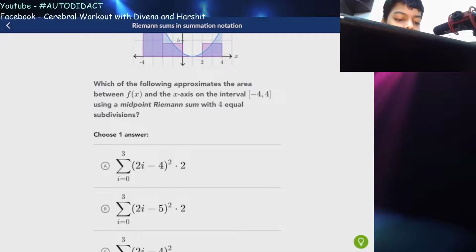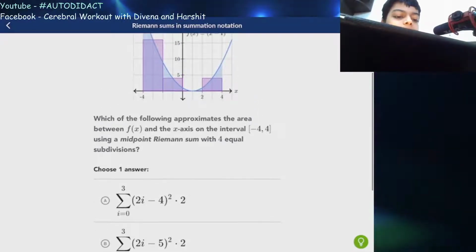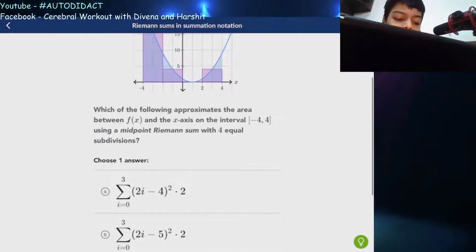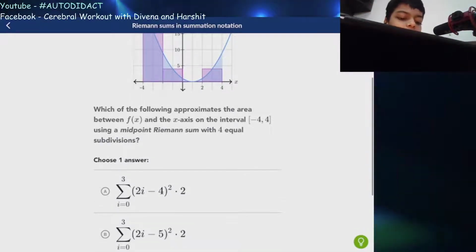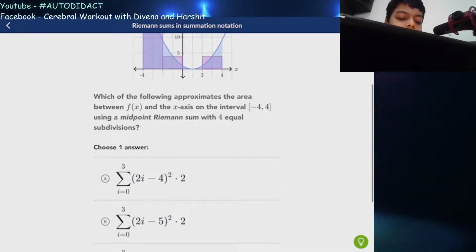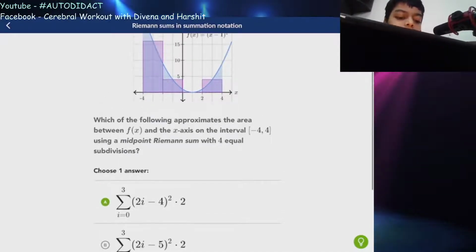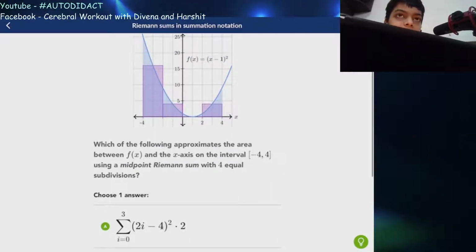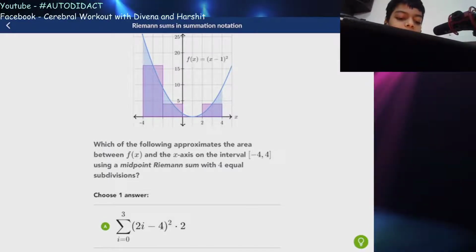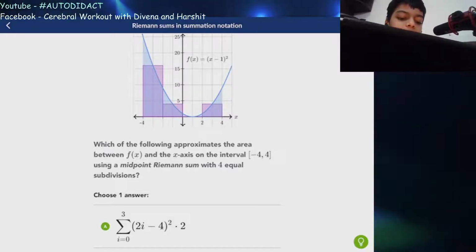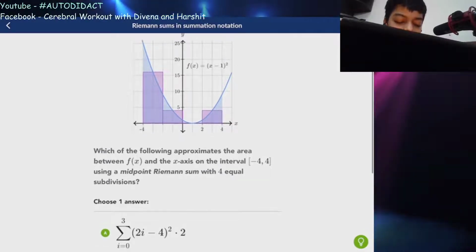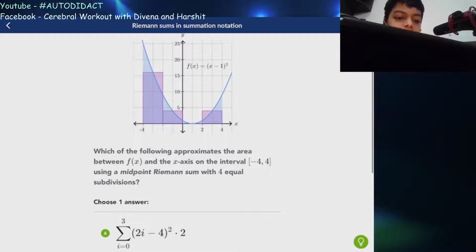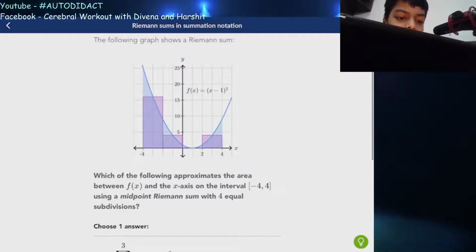From 0 to 3, let's say the first rectangle, the 0th one, has I equal to 0. Let's first think about this one. When I is 0, 2 times 0 is 0, minus 4 is -4, squared is 16, which looks about right.